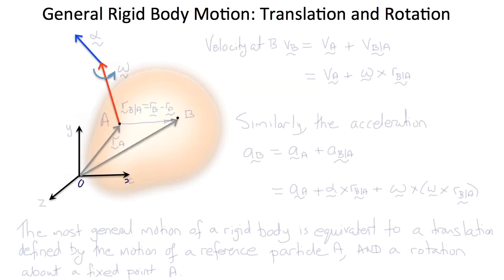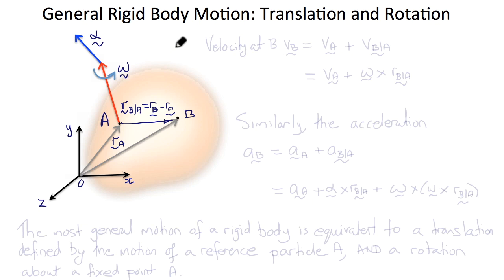So far we've considered rigid body rotations. Now let's consider a general rigid body motion, which would consist of a translation and a rotation. So point A with position vector r sub A has angular velocity omega and angular acceleration alpha, and point B has position relative to A of r sub B relative to A, which would be r_B minus r_A.